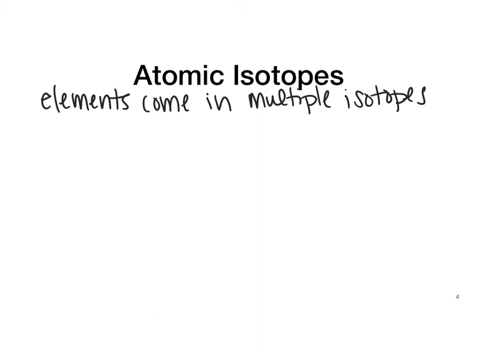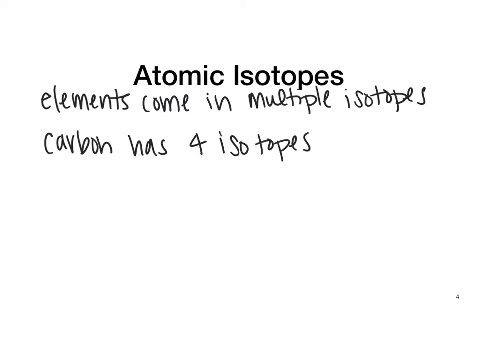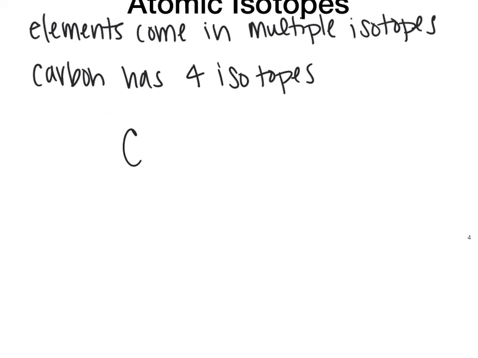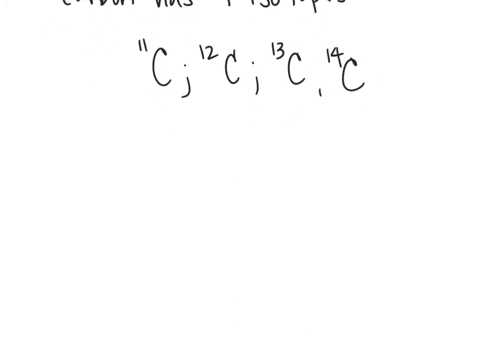For example, carbon has 4 isotopes, and those isotopes are carbon 11, carbon 12, carbon 13, and carbon 14. The difference between these 4 is in the mass number.